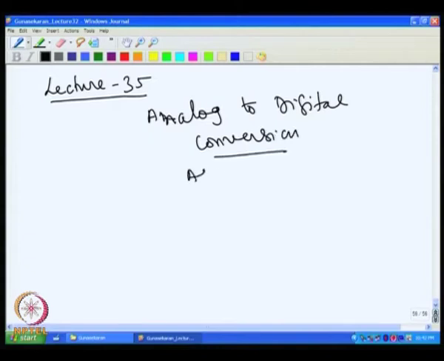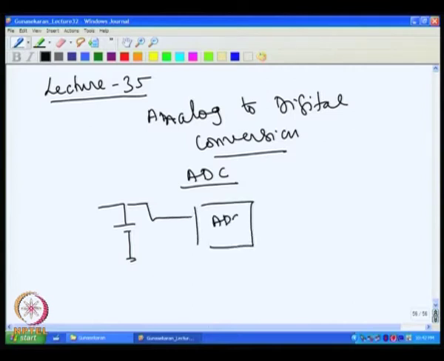So, basically we call A to D, ADC. Basically what is done is that we have an analog voltage, and that voltage has to be converted into digitized form. So, essentially this is given to the ADC and then the output comes in digital form, say an 8-bit converter, which means you will have 8 lines of digital bus.